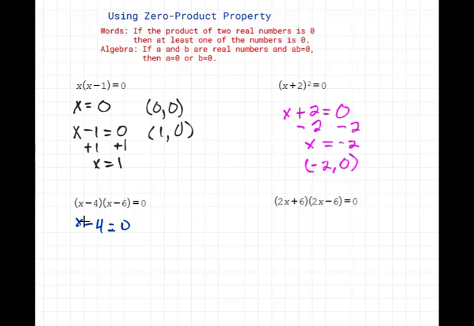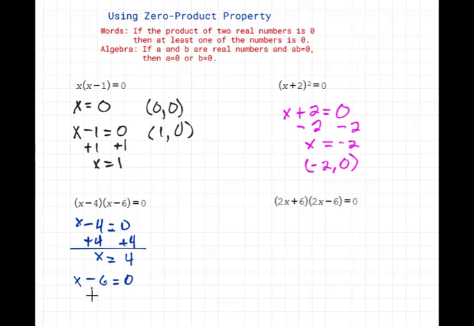Once again, isolate the x, use the opposite operation, and we do it to both sides of the equation. So x is equal to 4. I'm going to do the same thing with x minus 6. Set it equal to 0.